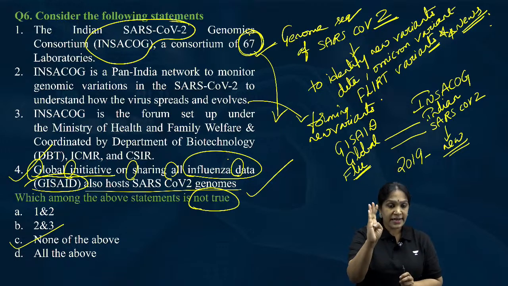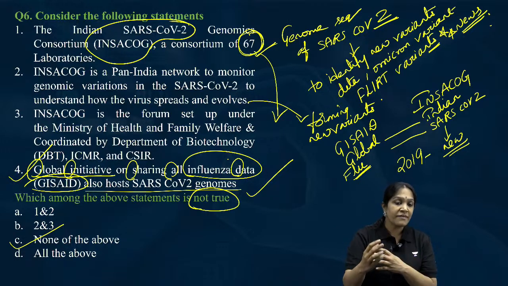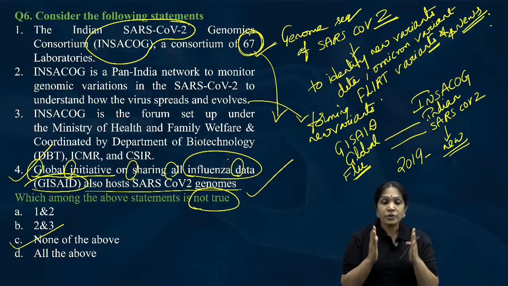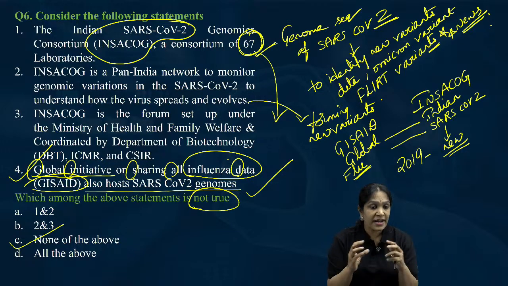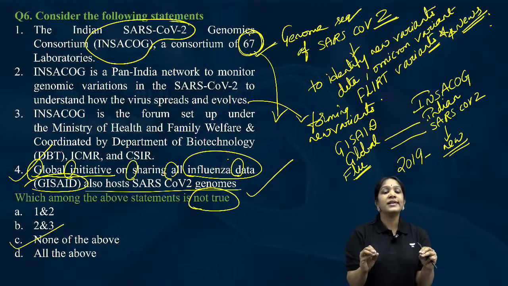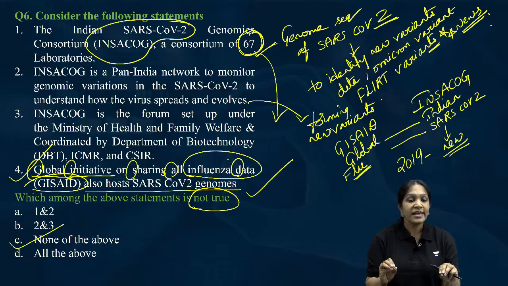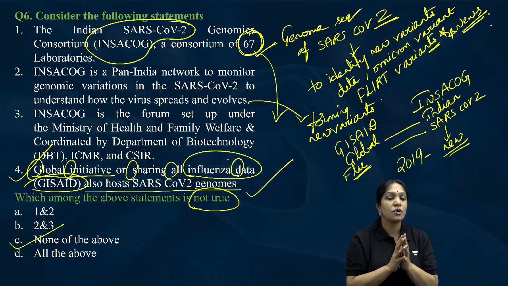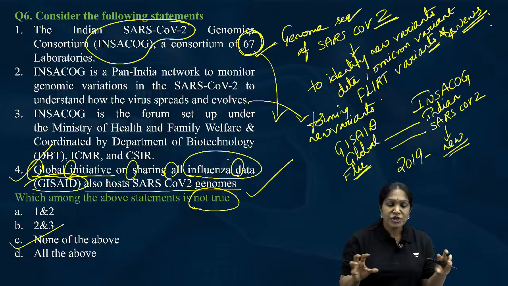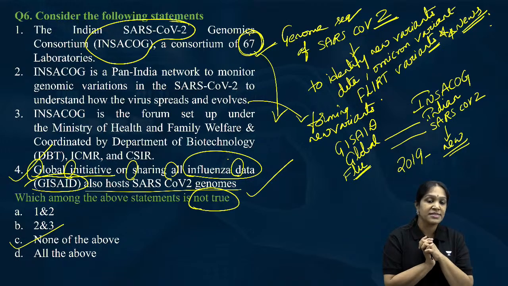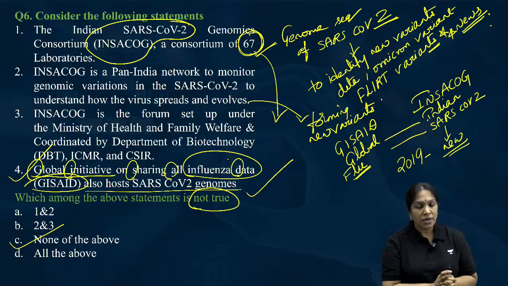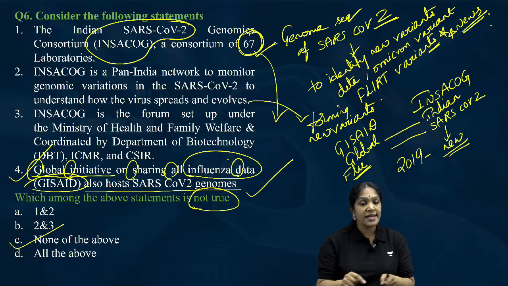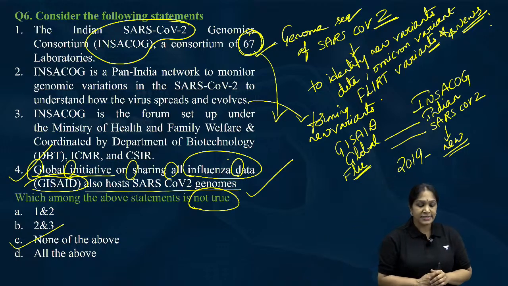In the year 2019-2020, when the coronavirus was very new, we did not have INSACOG. There was no separate initiative. So initially they used the consortium for flu for sequencing the genomes of SARS-CoV-2 also. Later, a separate consortium was established for SARS-CoV-2. That is the reason why GISAID is also having some genome sequences of SARS-CoV-2. Is it clear?